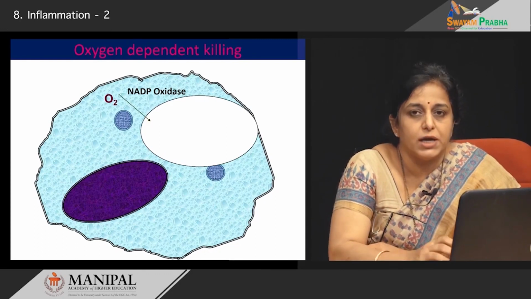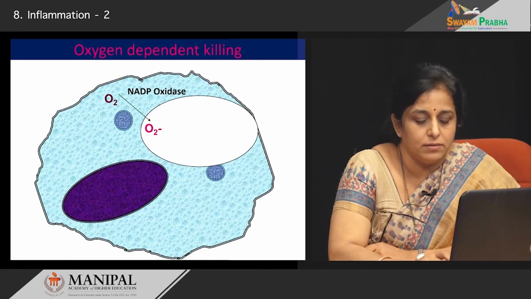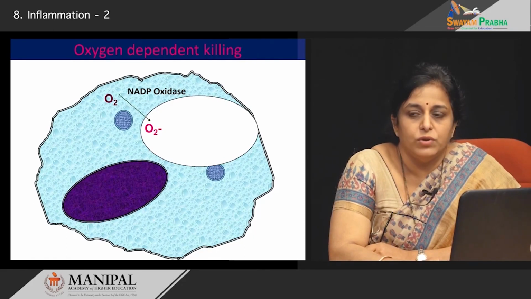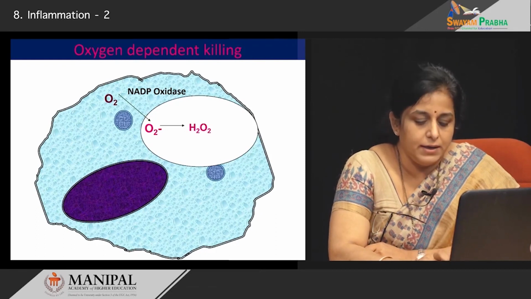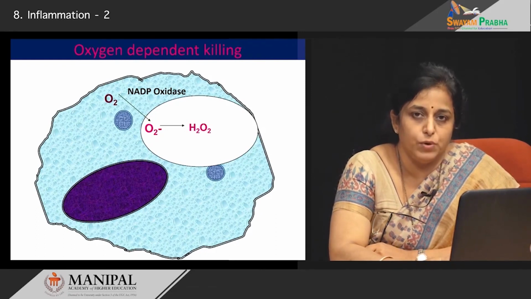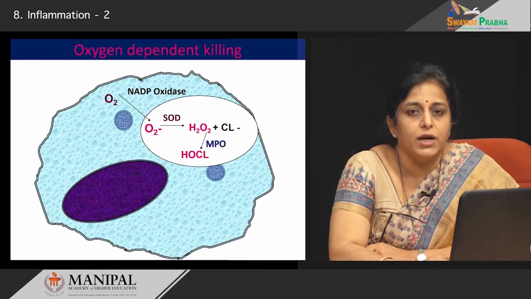Now, the oxygen which is taken up within these phagolysosomes is converted to superoxide. This is a very potent oxygen radical. This superoxide is further converted to hydrogen peroxide by an enzyme called superoxide dismutase. The hydrogen peroxide that is formed further combines with chloride in the presence of the enzyme myeloperoxidase to form one of the most potent bactericidal agents within the phagolysosome, which is called hypochlorite.